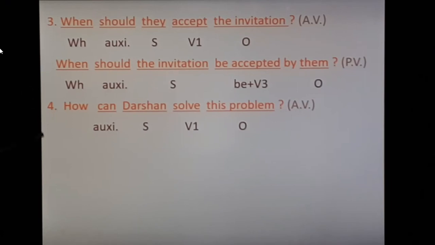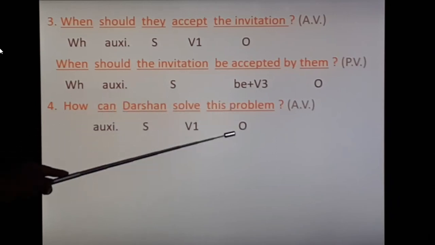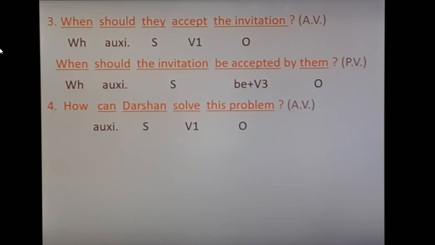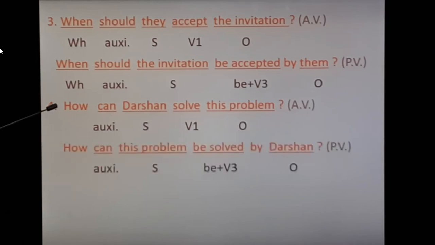Next, how can Darshan solve this problem? Active voice. So how, that is question. Then can, auxiliary verb, Darshan, subject, solve, V1 form, this problem, object. Same question you have to write, how, then can, and then here this problem will come after can.